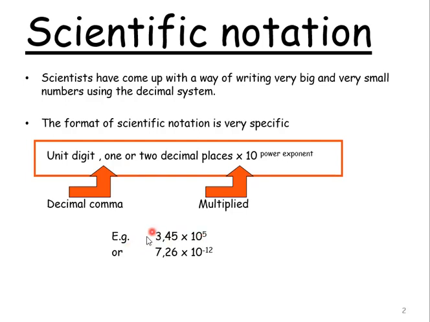For example, you can see 3.45 times 10 to the exponent of 5, or 7.2 times 10 to the exponent of minus 12.